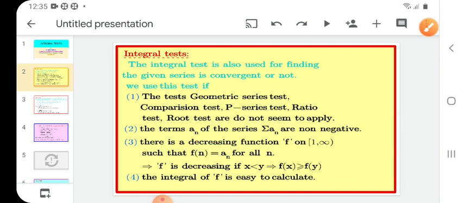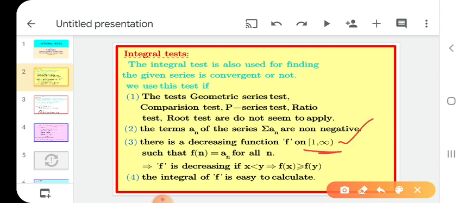In which interval is it decreasing? From 1 to infinity. We take 1 also, so I put a closed bracket. And the integral of f is easy to calculate. These are the conditions for using the integral test.